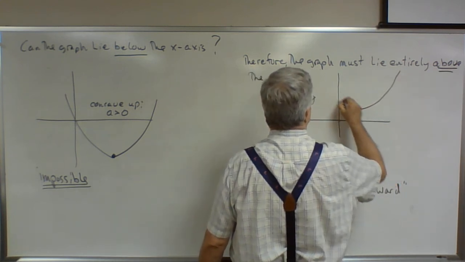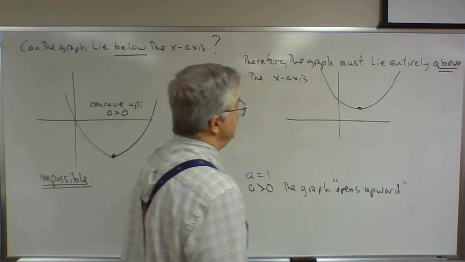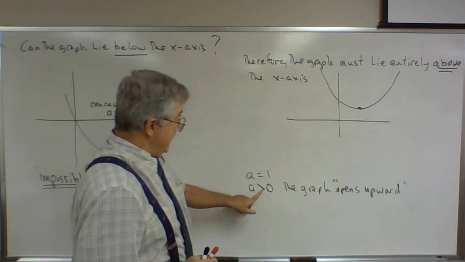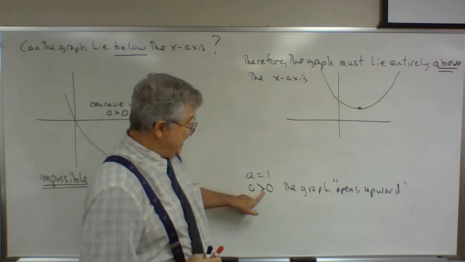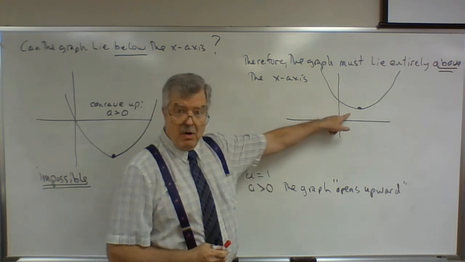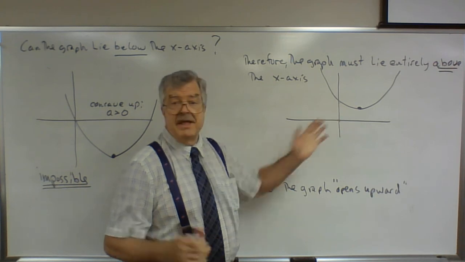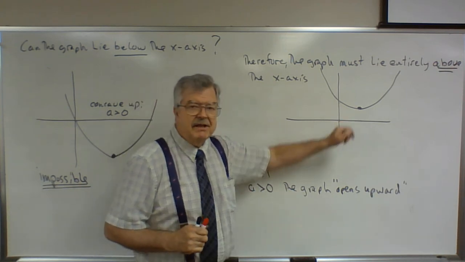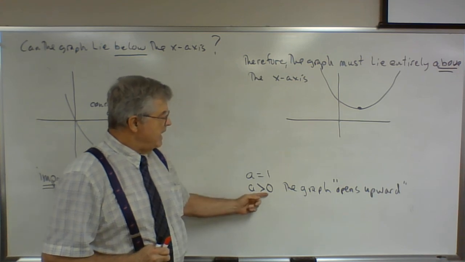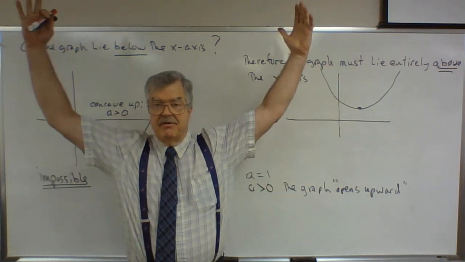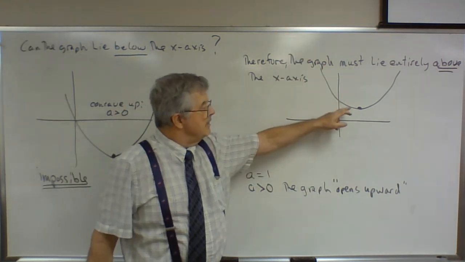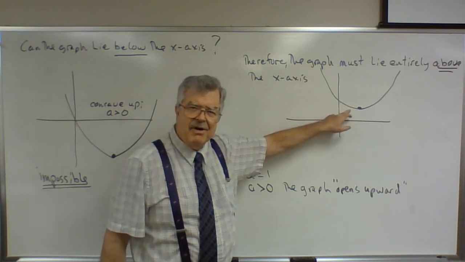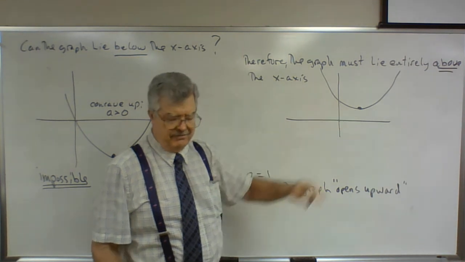Here's our vertex. There's the graph lying entirely above the x-axis. And notice a is greater than 0. The graph opens upward. It makes perfect sense. If the graph lies above the x-axis and a is greater than 0, that means the graph opens upward. This is what it's going to look like, and it never crosses the x-axis.